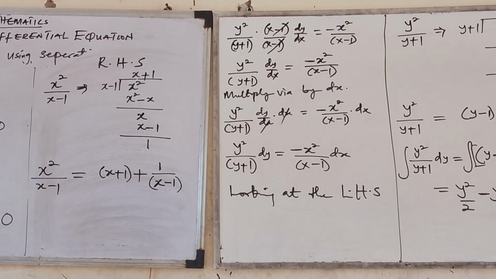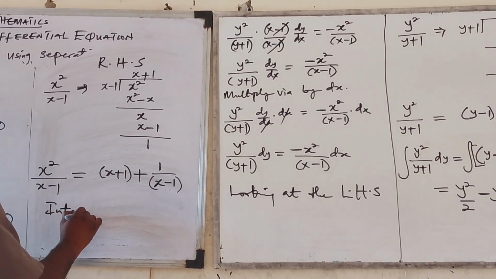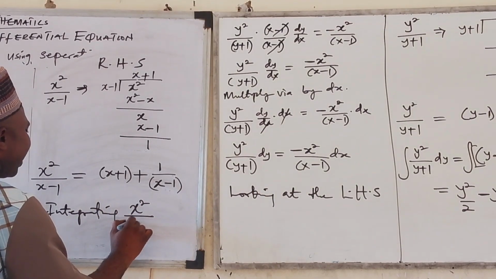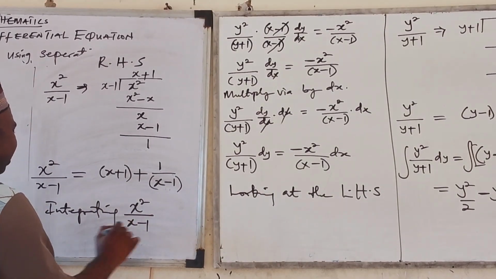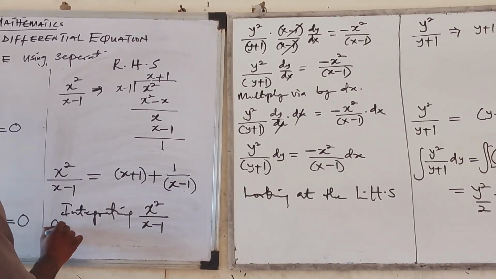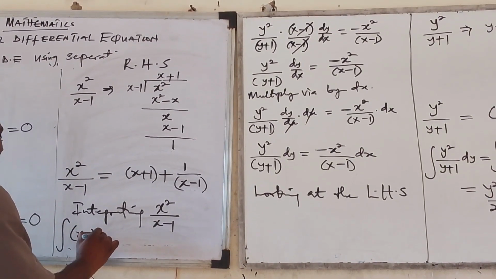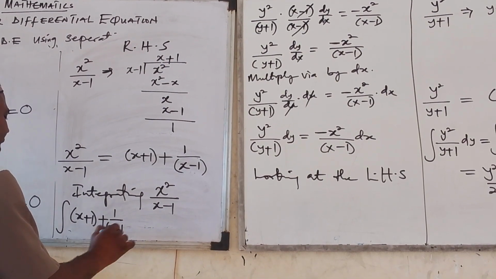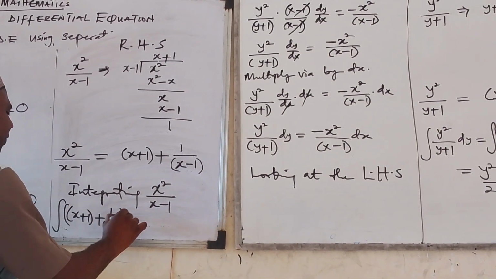Yes. Now integrating the right hand side. Integrating x squared all over x minus 1, it will be the integral of x plus 1 plus 1 all over x minus 1, then the whole of this we have dx.